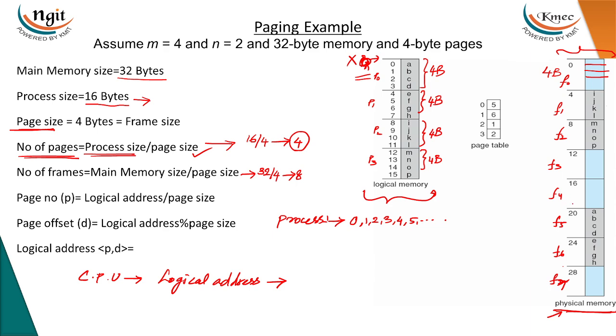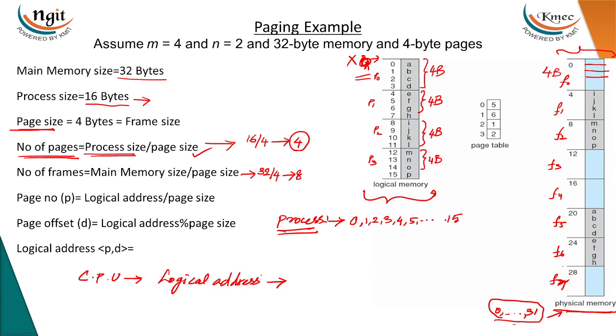Each frame will also have 4 bytes, but physical memory runs from 0 to its maximum size of 32 bytes, so the last byte number will be 31. For this process, it is 0, 1, 2, 3, and so on up to 15.